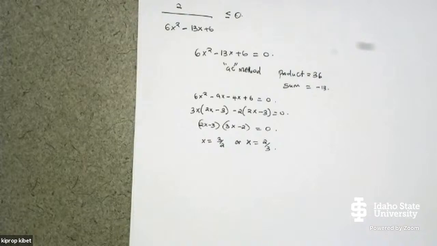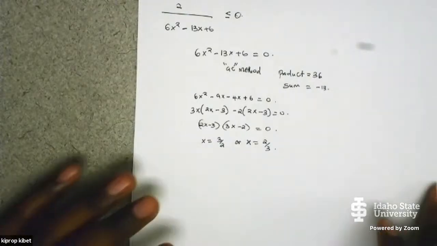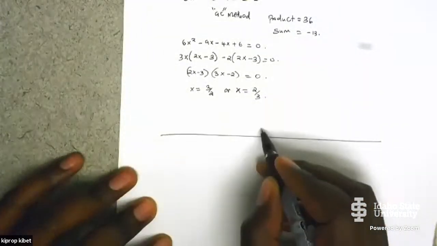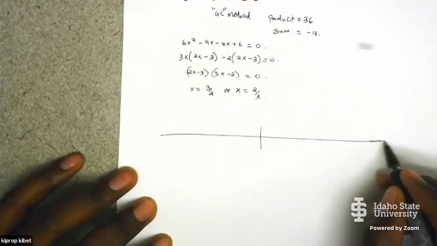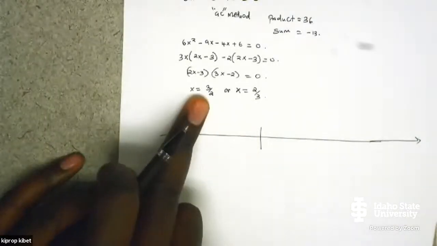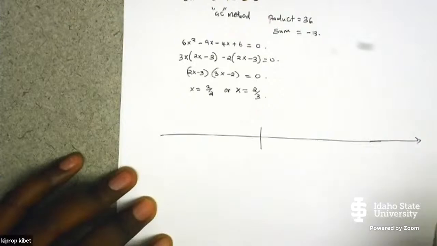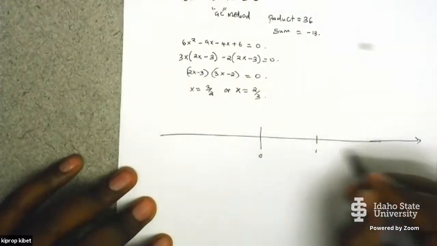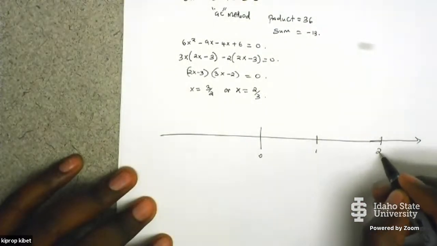Any question after that? So those are now the intervals that we need to put in the number line. So we have our 3 over 2. So both of them are after what? X value. So we can put here 1, and let's say here 2.